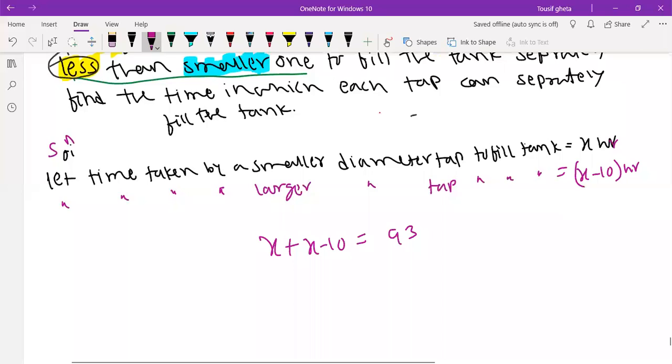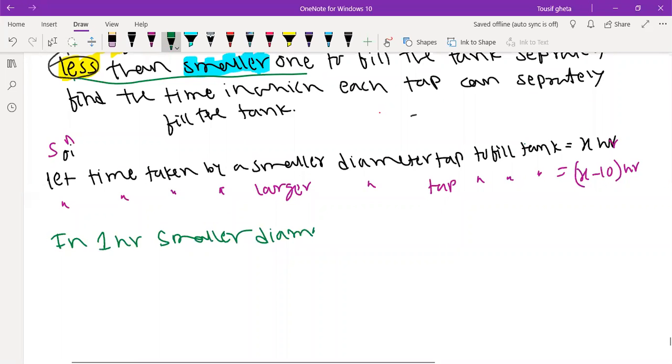what we will do is take it another way, for 1 hour. The one hour concept we will use. In 1 hour, see here, everybody see here.